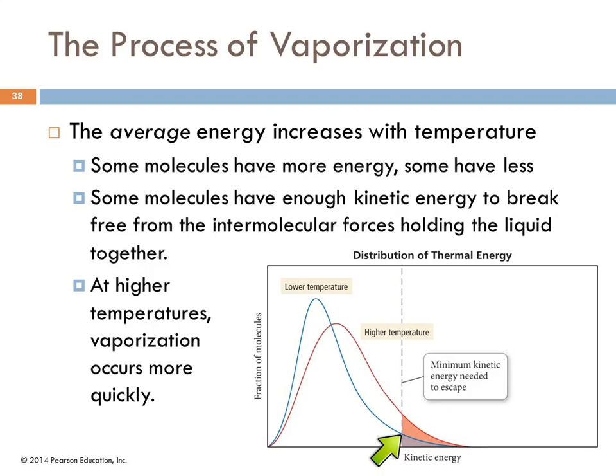So you have to run at least that fast to break through the line. And so you've got a few that can break through. When you heat it up, you increase the average kinetic energy, you're going to get more particles that have enough energy to break through. So at a higher temperature, the water will evaporate faster.